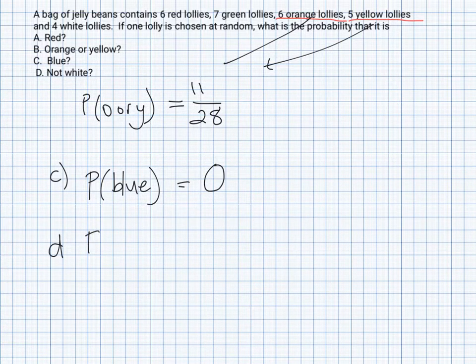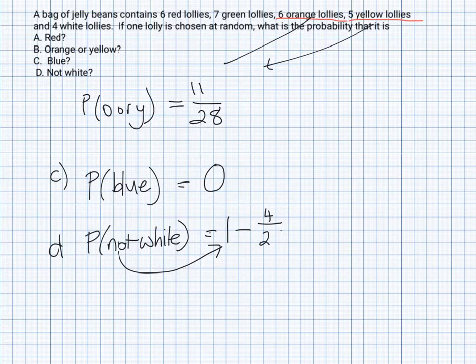D is a little bit different. The probability of not white. The easiest way to do this is to work out the probability of picking a white lolly and taking it away from 1. So it becomes 1 minus, and that word not tells us when to use the 1. So 1 minus, and what's our white lollies? We've got 4 white lollies over 28.